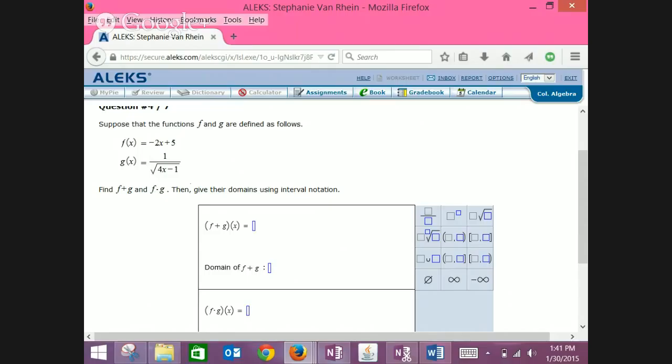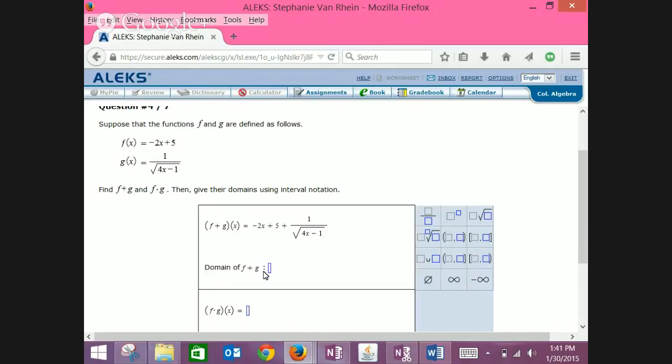If I want to write that in there, I have 2x plus 5 minus 2x plus 5 plus, then I take my fraction form, 1 in the numerator, then I have to get my square root, 4x minus 1. The domain of f plus g is where the domains overlap.